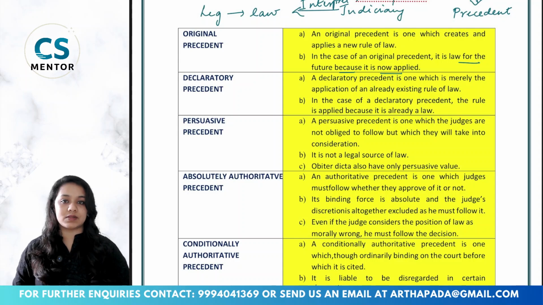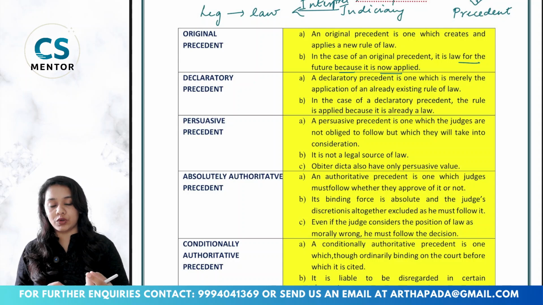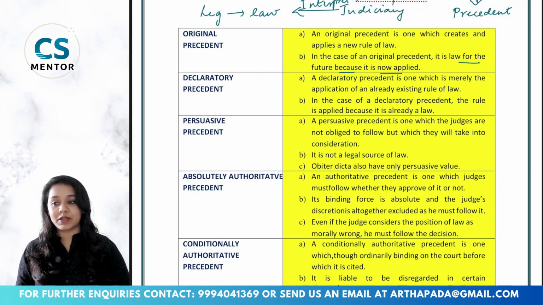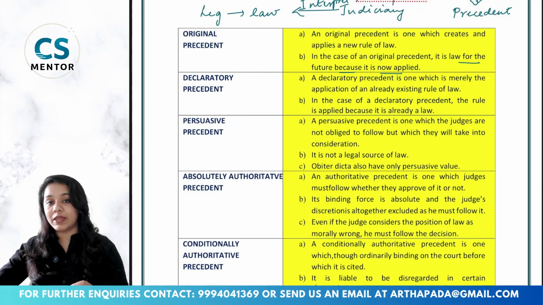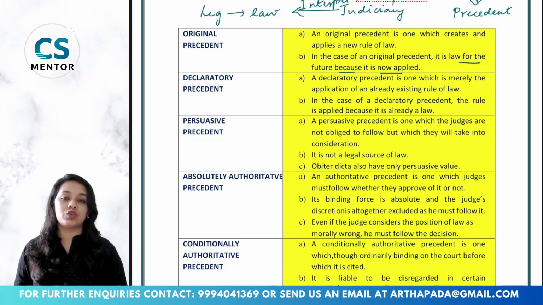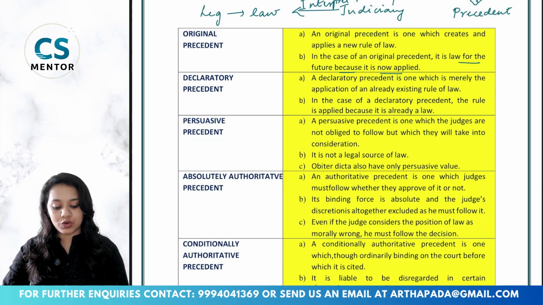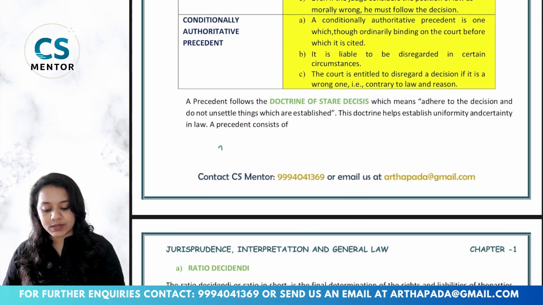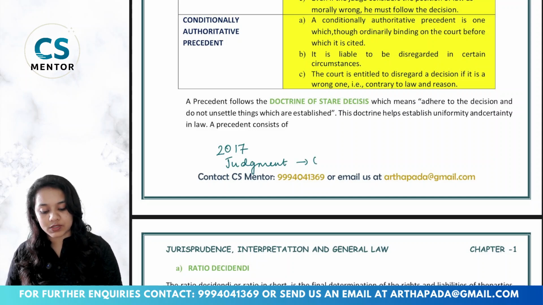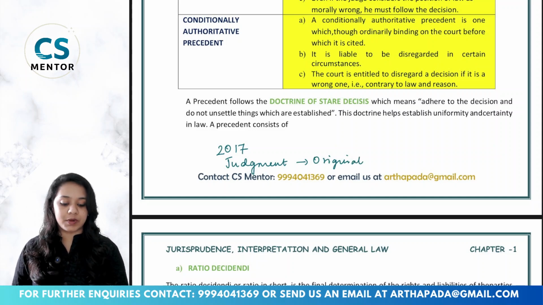So, a precedent can be given in the past, but it can be a guiding conduct for the future or even today's present. Okay, so an original precedent creates a new rule in law, whereas a declaratory precedent is merely repeating an already existing rule of law. Now, let's go back to our examples. Let's say in the year 2017, a judgment was given. Now, this judgment is what we call an original judgment, or an original precedent.